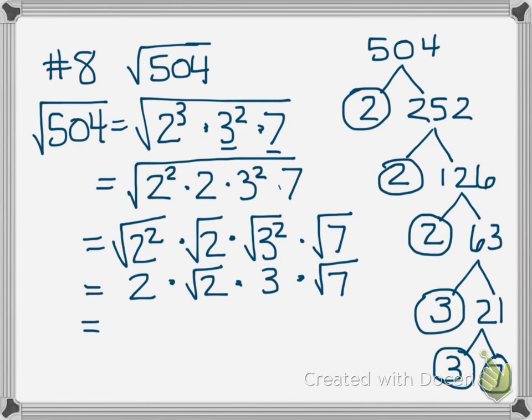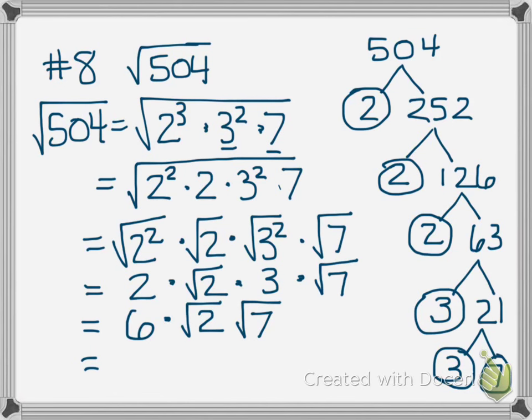So now I'm going to simplify this. I'm going to take the 2 and the 3. 2 times 3 is 6. Put those together. And now I've got a situation that's going to need to be dealt with, because I've got square root of 2 times the square root of 7, and we don't want to have 2 radical signs here. So what I'm going to do is use this principle where I can break it apart and go the other direction.